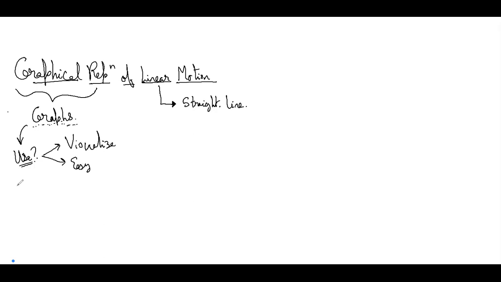Now, to understand linear motion in a very easy way, we study 3 types of graphs. One is displacement time graph, second is velocity time graph, and third is acceleration time graph. When I ask a question, then you can answer.